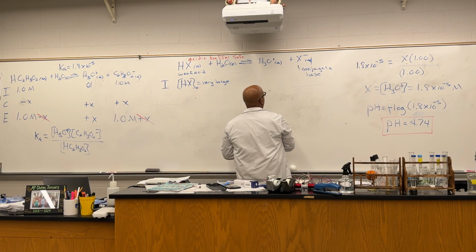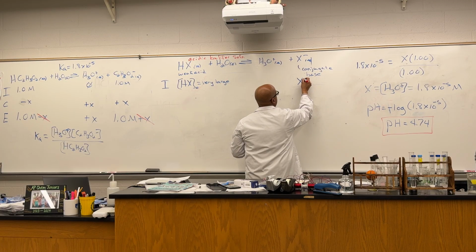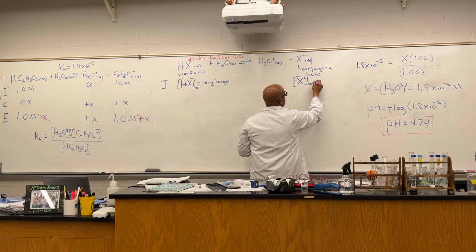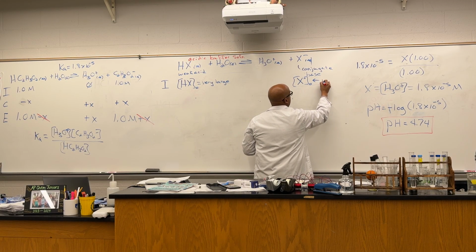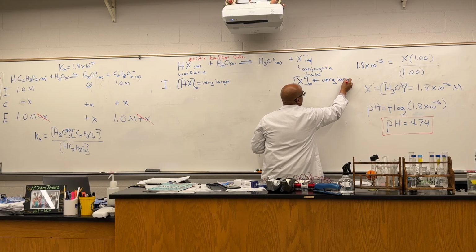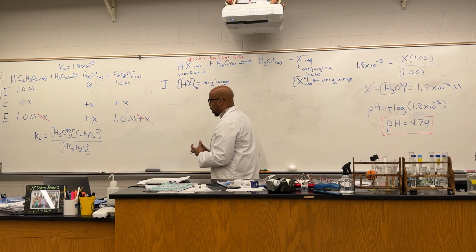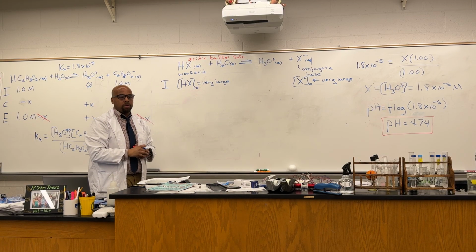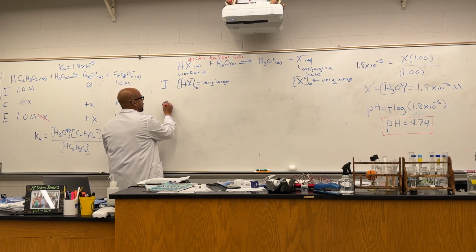Over here in the ICE process, this X minus initial is going to be also very large because we want a high concentration of both. When we start off, we want a really high buffer capacity here. So watch what's going to play out here.